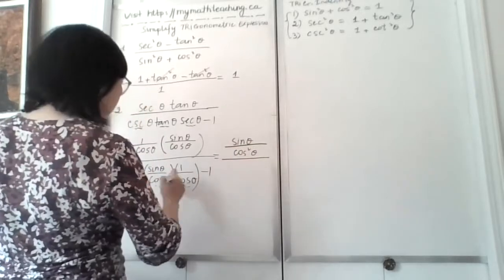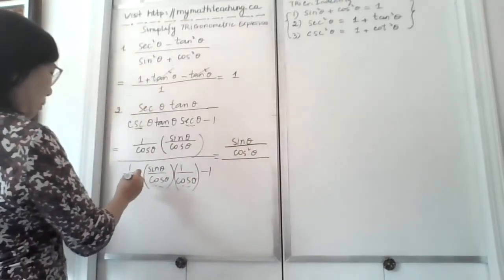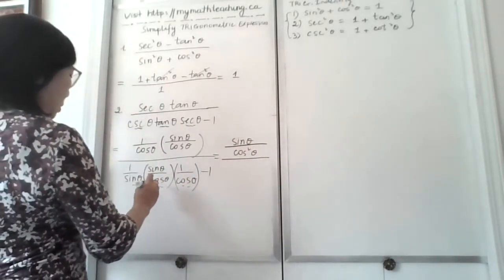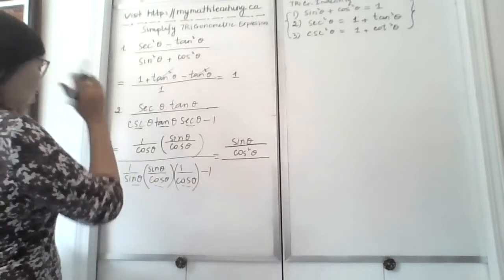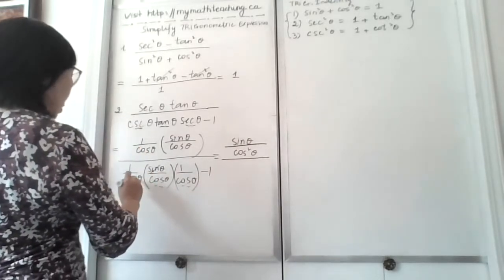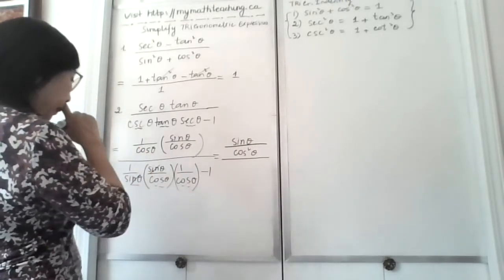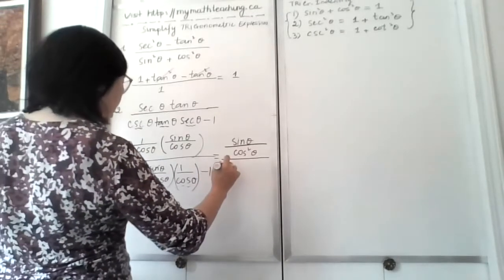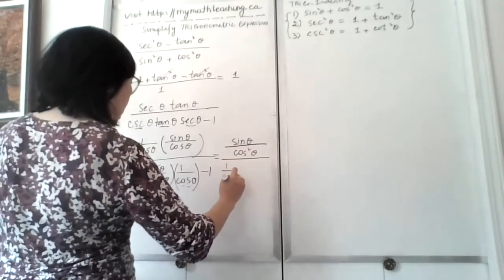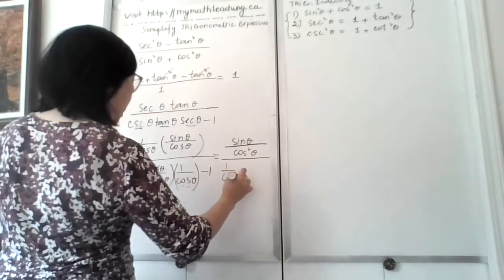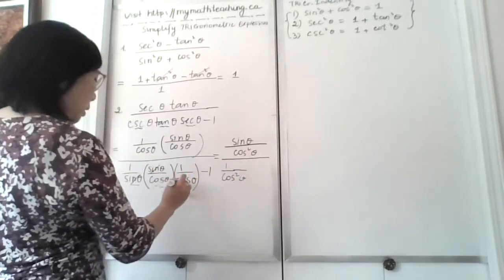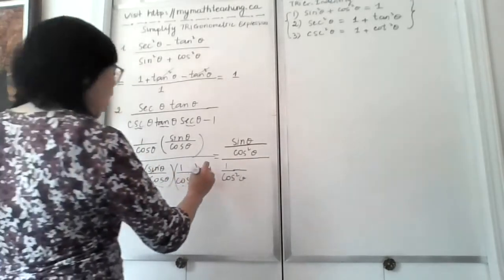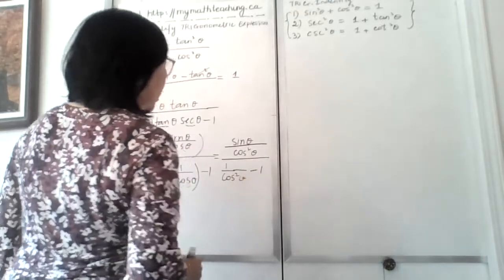At the bottom, I'm going to cancel the sine theta here with the sine theta here. And I have to combine this and this, which becomes 1 over cos square theta, cos theta times cos theta, cos square theta, minus 1.